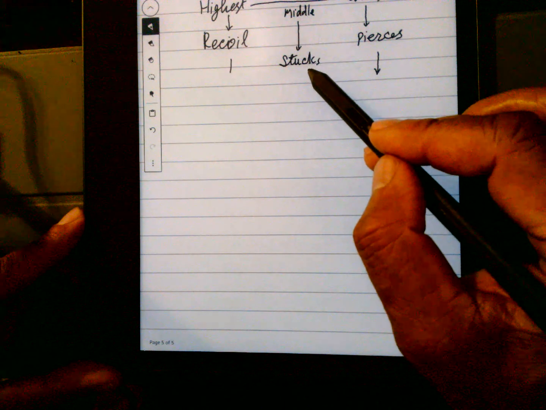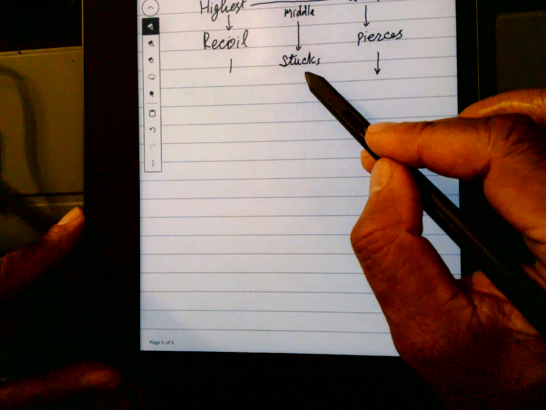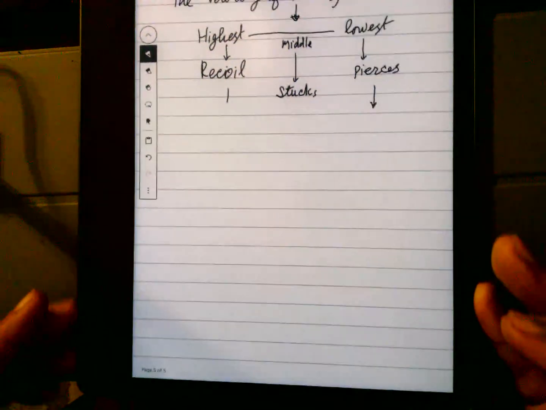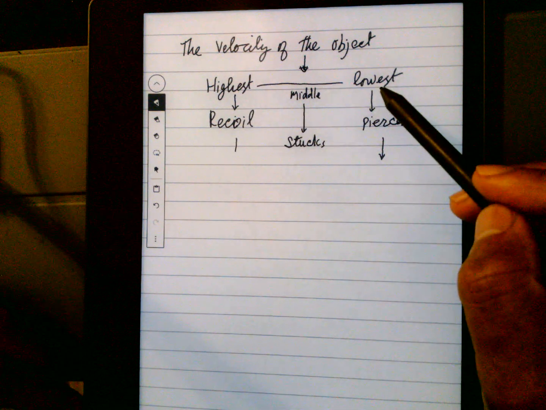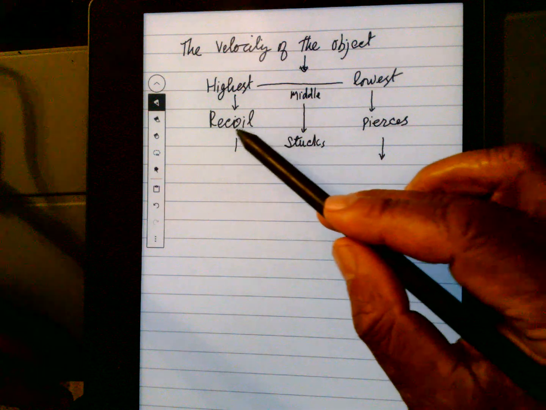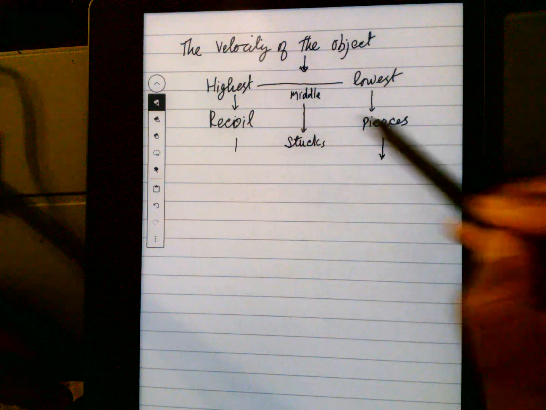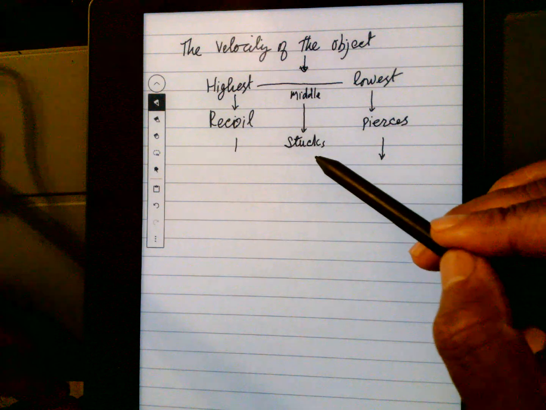In the middle, when it is stuck, the object gets an intermediate velocity. So these are the three cases. The velocity of the object from highest to lowest: recoil is the highest, piercing is the lowest, and the middle one is when it is stuck.